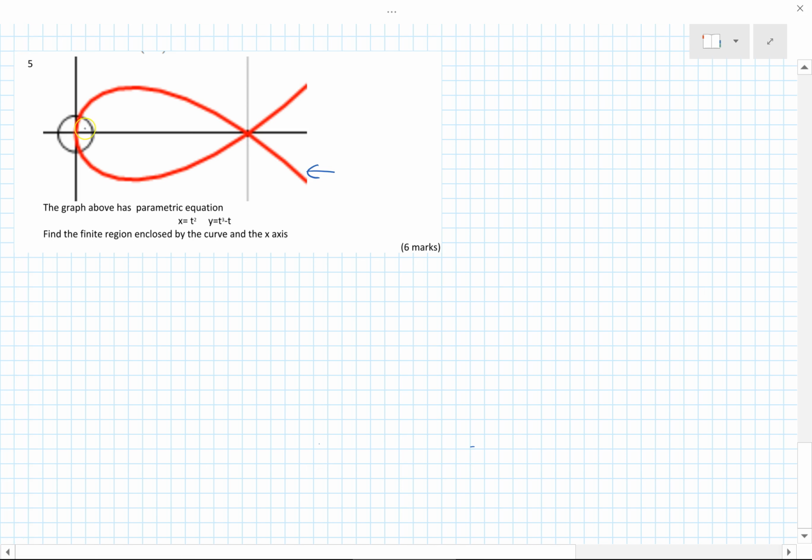This branch here, the bit that goes from there to there, will actually have equation y equals, because you'll be effectively getting minus t from that equation. So when you're subbing it back in, minus x into that equation, that'll be minus x to the 3 over 2, and then plus x to the half.